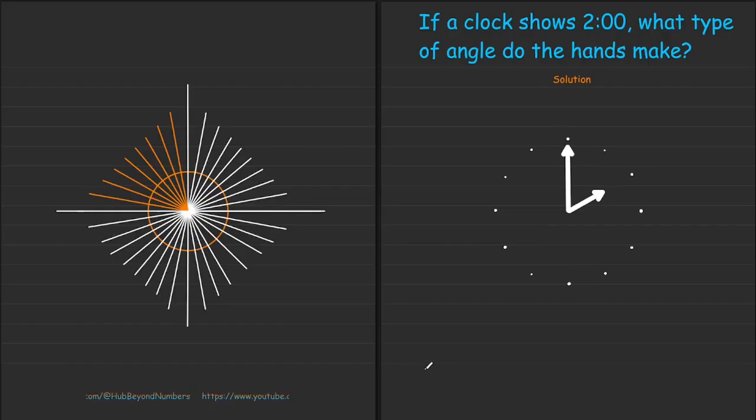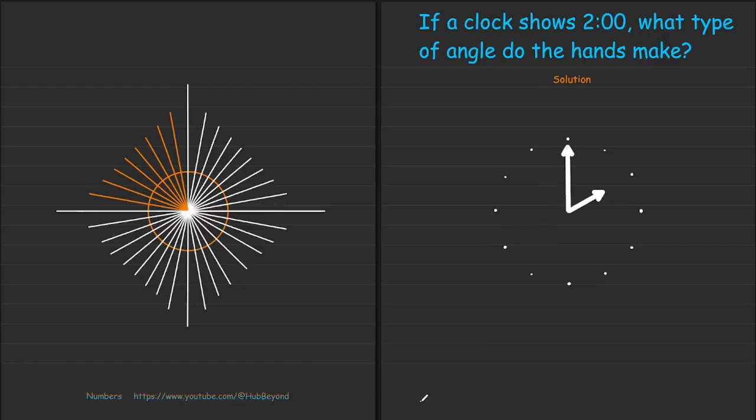Now we said an angle is formed when two lines meet. So the angle we are talking about here is the angle between the hour hand and the minute hand. Now, what type of angle is it? Looking at it, it is very small, and it is not like an L, and it is not more than an L. Hence, we call this angle an acute angle.